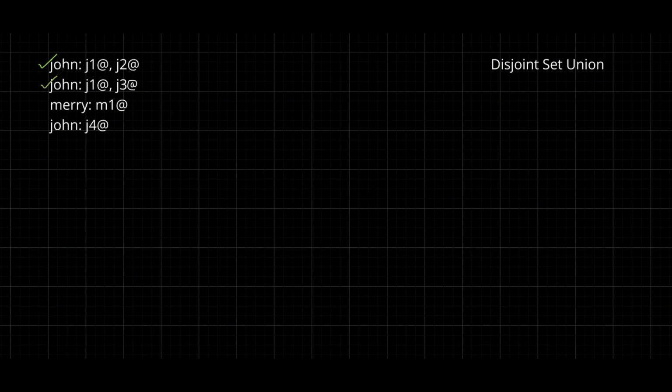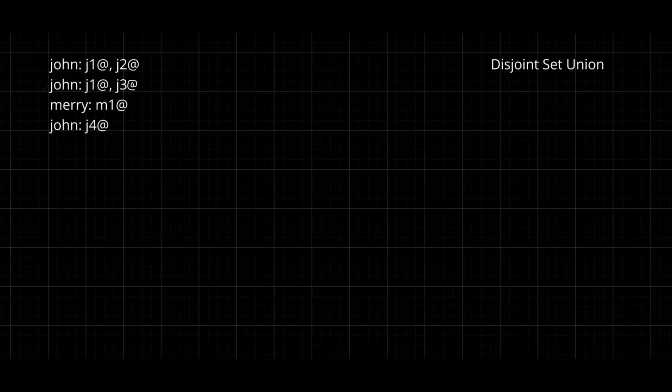Now this John has two emails, which are j1 at the rate and j3 at the rate. Now this Mary has one email, m1 at the rate, and this John has one email, j4 at the rate.